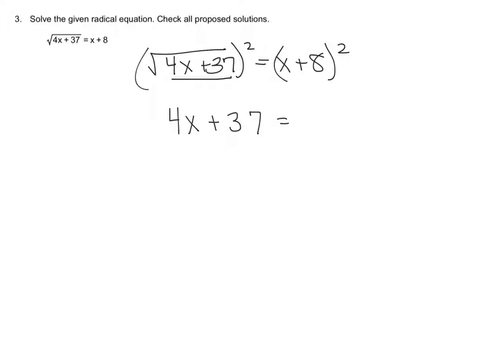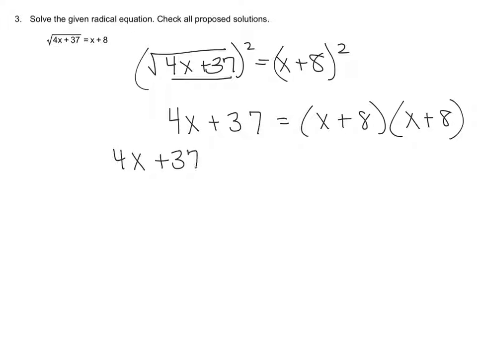Now (x plus 8) squared is the same as (x plus 8) times (x plus 8). So we have 4x plus 37 equals, and we'll multiply (x plus 8) times (x plus 8) to find this polynomial. You can do this using the FOIL method. First, outer, inner, last.